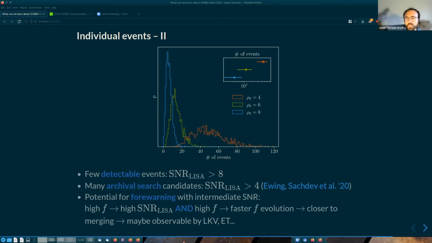Absolutely. But still 10 events on a model that has, how many was it, 16 parameters, is not a lot. So what we would more likely be doing is combining LVK individual events with LISA background and LISA resolvable, I think.